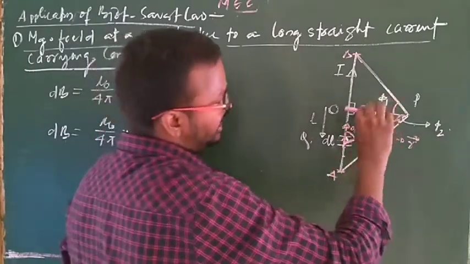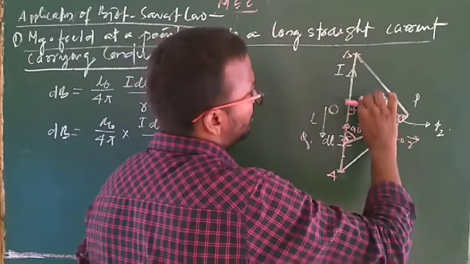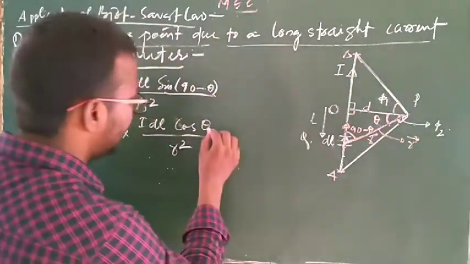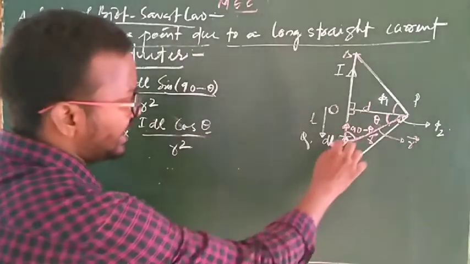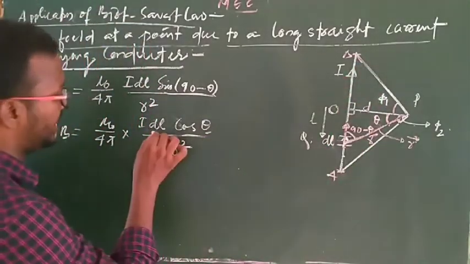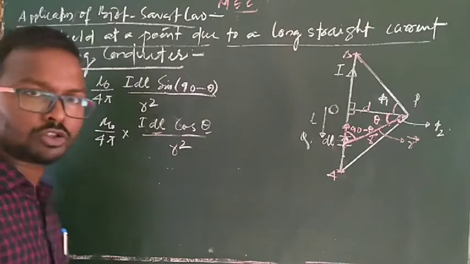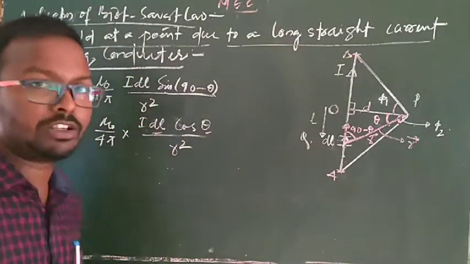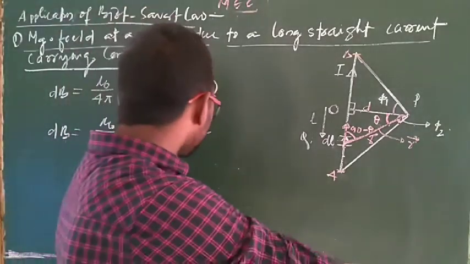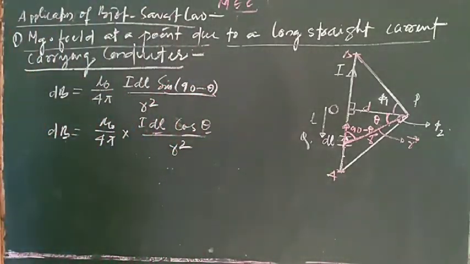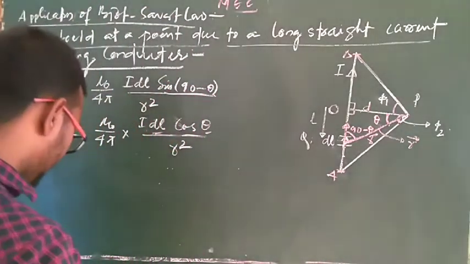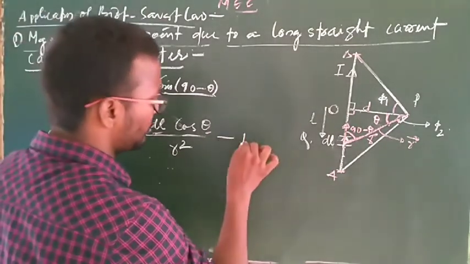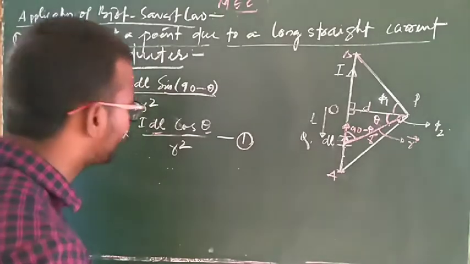If we take point Q at point B, then theta will be phi 1. So here theta is a variable quantity, and dl is also a variable quantity, and r is also a variable quantity. There are three variable quantities, which is difficult to integrate. First, we have to make them one variable physical quantity. So how can we write? This is equation 1. Clear?